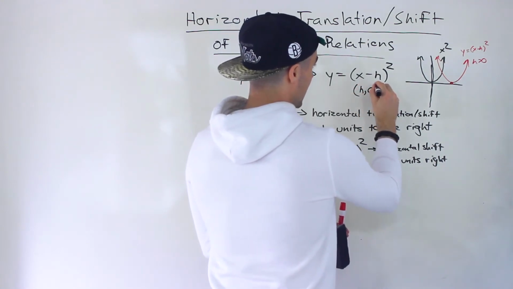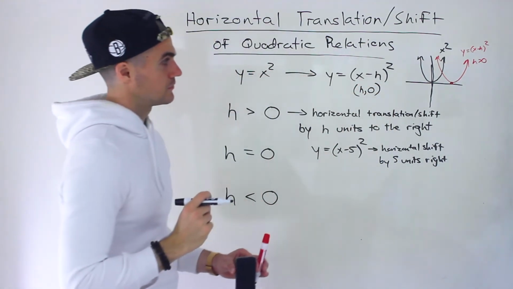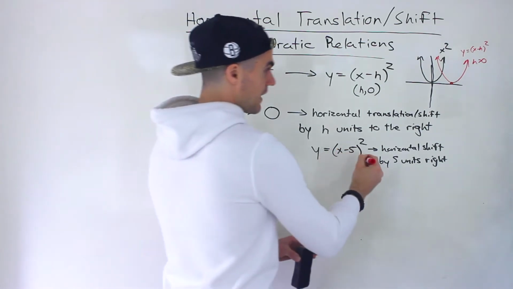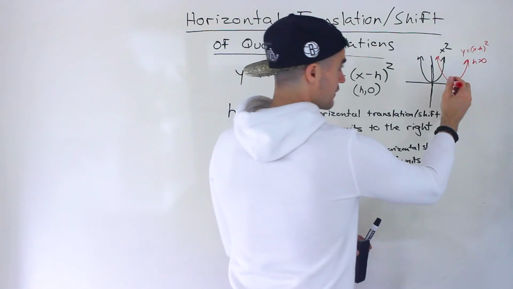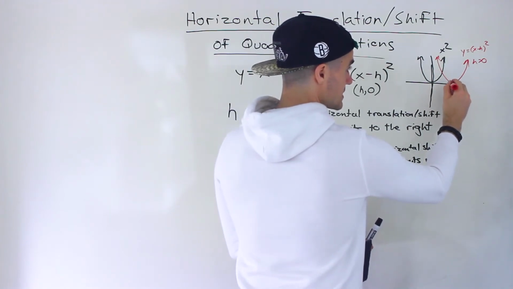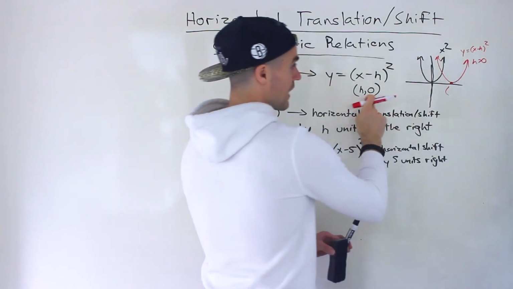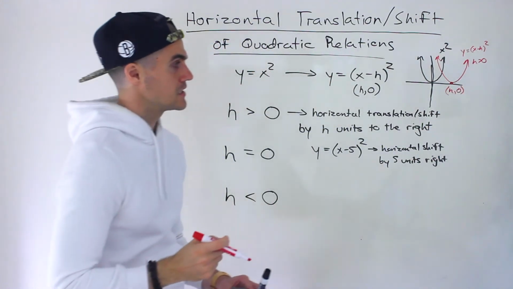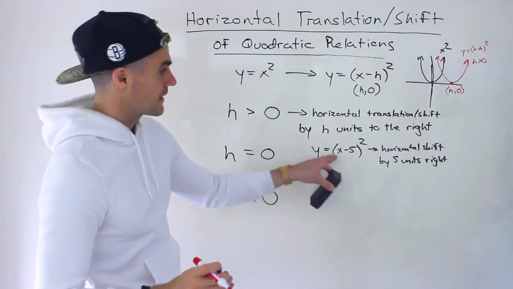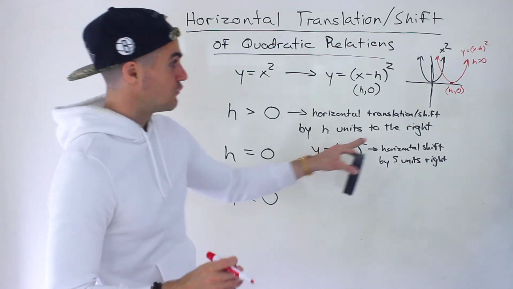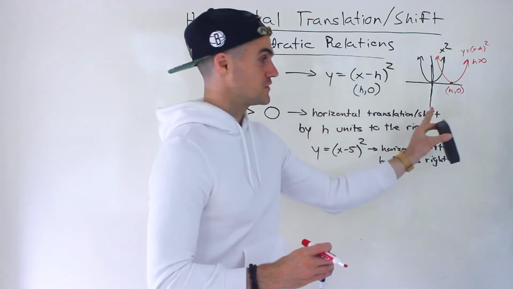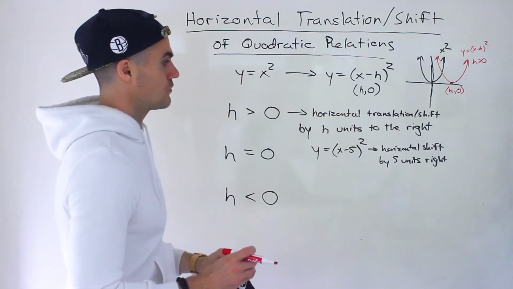Okay, so if it was y equals x minus 5 squared, we took this, shifted it by 5 units to the right, then this vertex here would be 5 and 0, but I'm going to write h and 0 to keep it general. Right, so if you have x minus 10 squared, the vertex would be 10 and 0, and the quadratic has been shifted 10 units to the right.